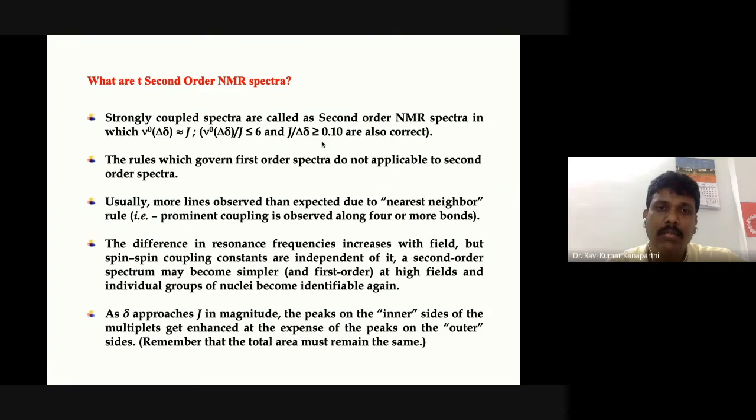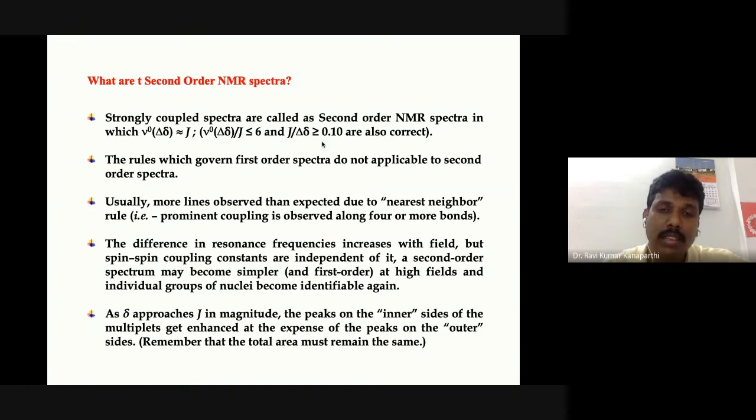That is not possible in second order spectrum, whereas in the case of first order spectrum, that is possible. The area under the NMR signal is directly related to how many protons account for it, so the total number of protons in a given molecule can be estimated. That is a very beautiful analysis that we have with NMR.